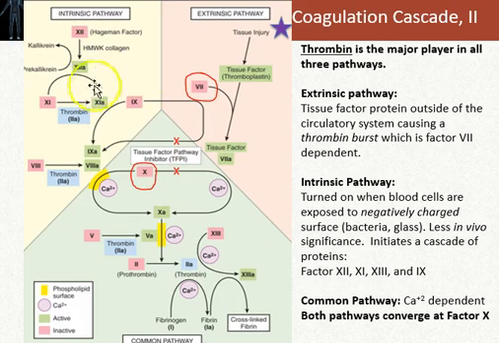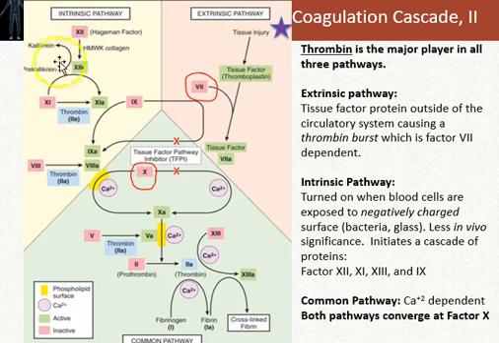You can further subdivide the different components of the pathway into the intrinsic and the extrinsic, as well as the common pathway. And so just some unique attributes about these different pathways. The extrinsic pathway is, the tissue factors are essentially generated outside of the circulatory system.